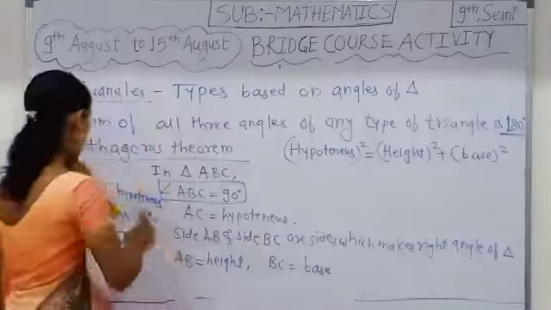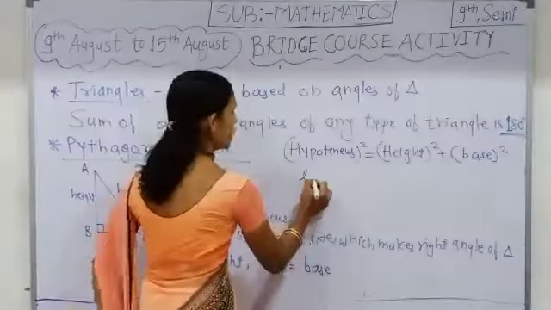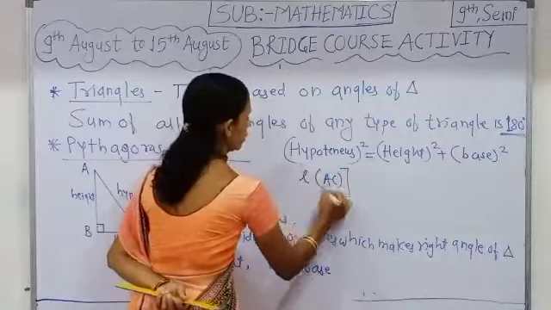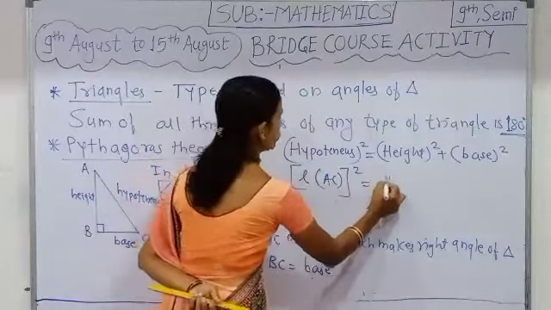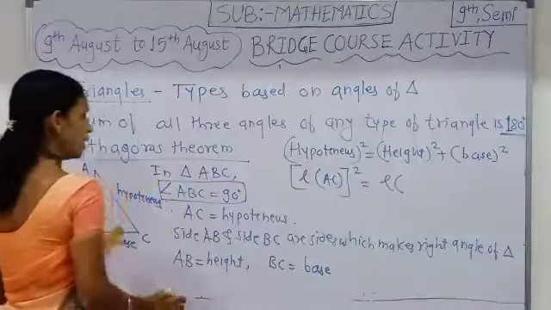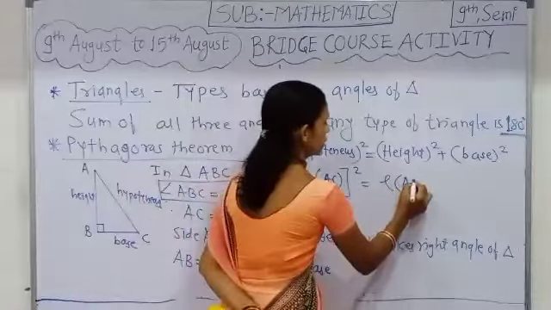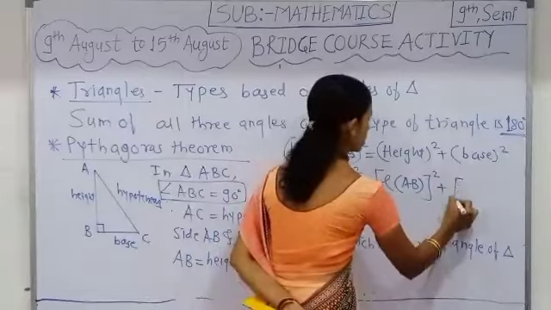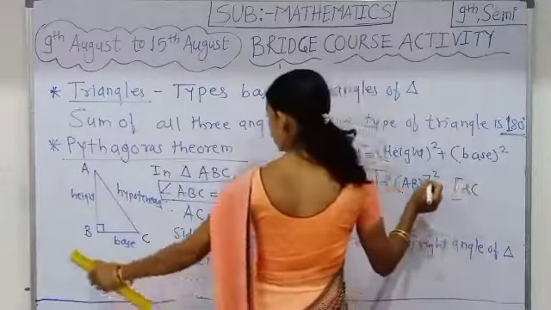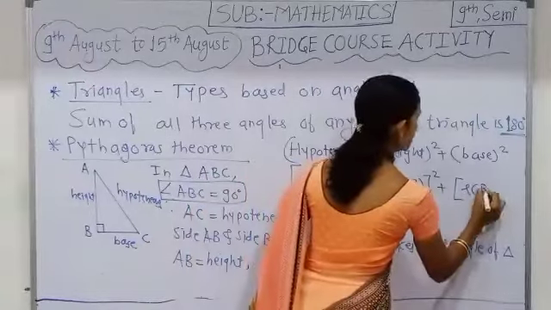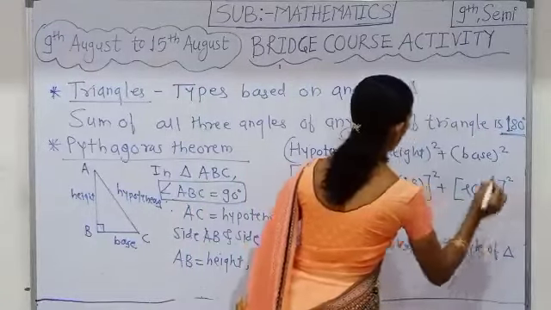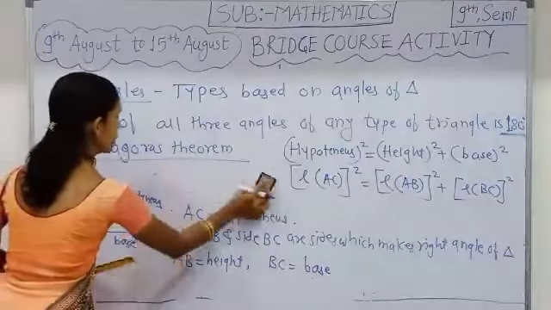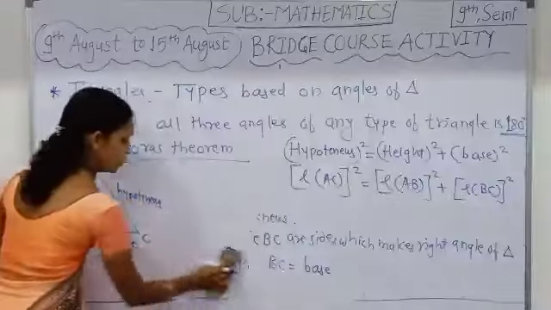Here the hypotenuse is AC, that means the length of AC square is equal to the length of AB square plus the length of the base, that is BC, square. There are a few examples based on that Pythagoras theorem.